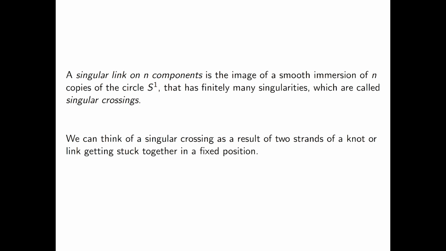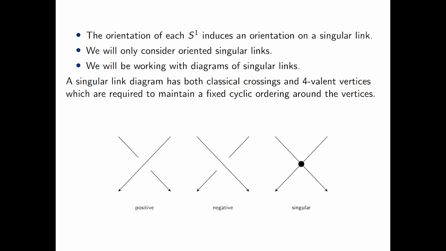But again, a singular link is just a smooth immersion of n copies of S1, and this allows for these finitely many singularities that we call singular crossings. Throughout this presentation, we're going to be mentioning singular links.